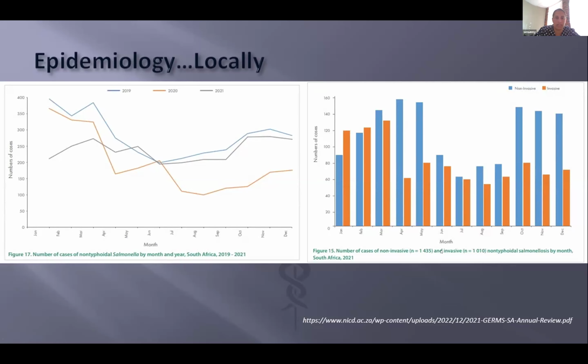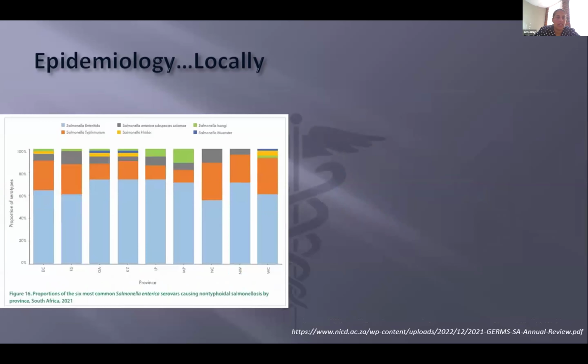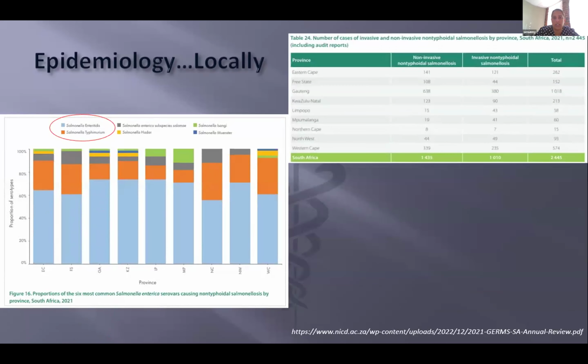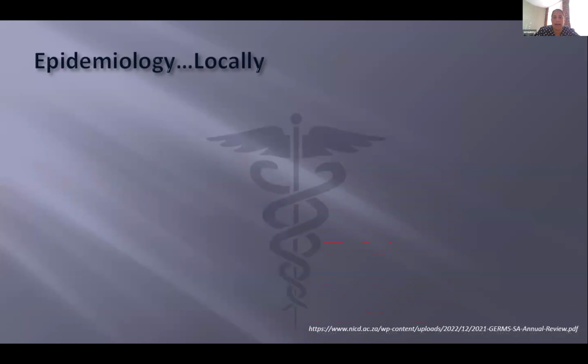there's not really much seasonal variability with that. And then looking at the serovars that are responsible, the two main ones by a long way are Salmonella enteritidis and Salmonella typhimurium as the main serovars responsible for NTS infections. And then looking at the provinces with the most cases, Gauteng is leading, followed by the Western Cape and then the Eastern Cape.